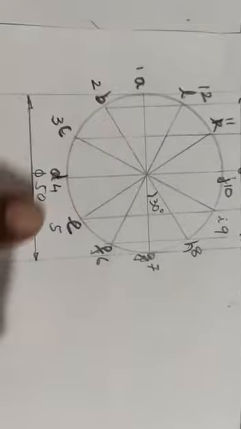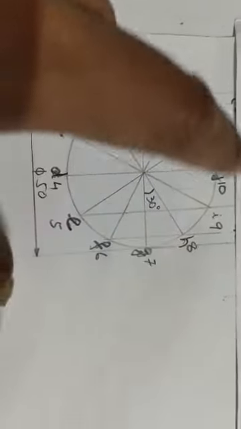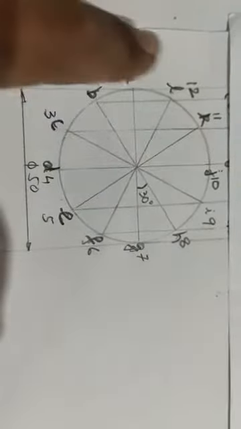A cylinder in the top view will appear like a circle. The diameter of the given cylinder is 50 mm, so take a 25 mm radius and draw a circle.